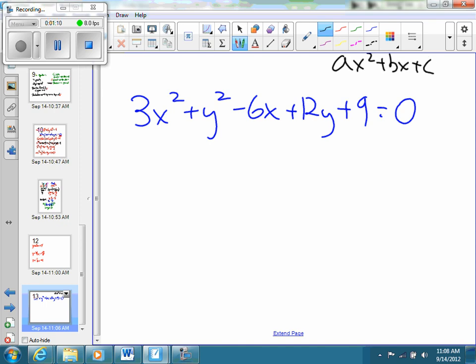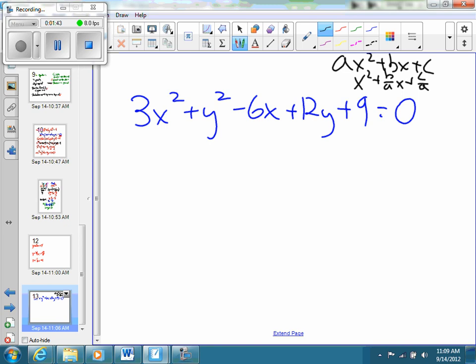If I want to complete the square, I have to make my a equal to 1, which means I'm going to have to divide every other term by a. As messy as it might get, I got to divide every term by a so that I can just have x squared. So I need x squared plus b over a x plus c over a. But I got to have my x squared with my coefficient of 1. Are we okay with that? Yes. Okay, I made that totally clear.